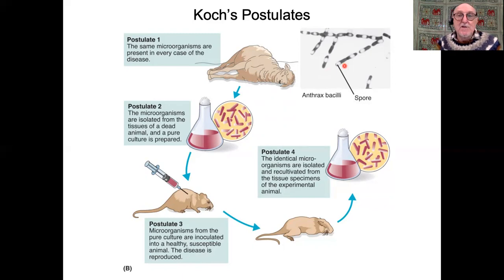So what you have done is track this organism from the natural state, the disease, through to an artificial state, the culture, then to an artificial creation of the disease again. You've reproduced the disease, and you have then been able to re-extract the same organism again. It has to be the same organism all the way through.